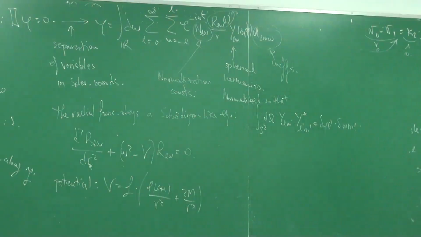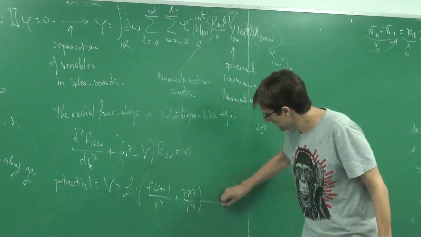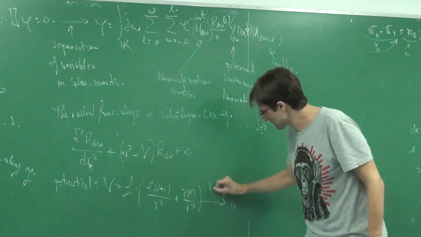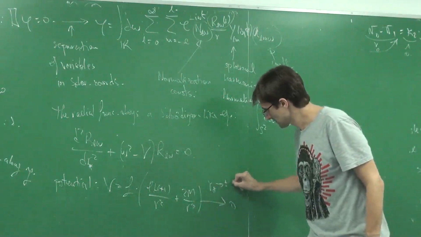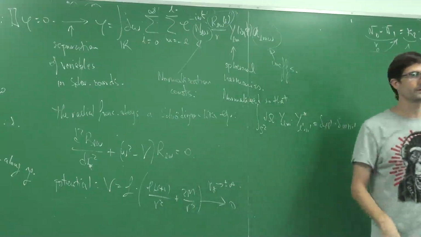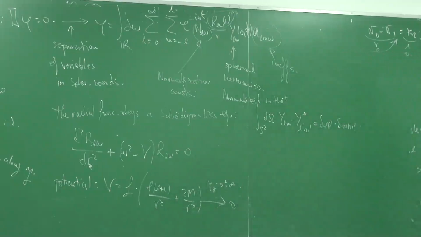This is just a scalar field propagating in Schwarzschild space. And this goes to 0 as you go either to infinity or to the horizon.